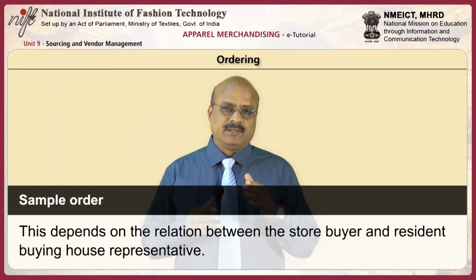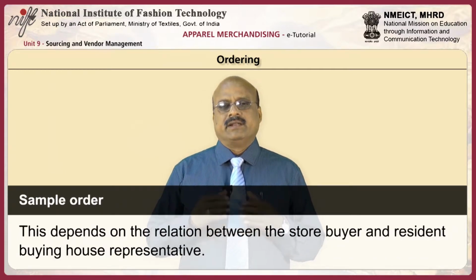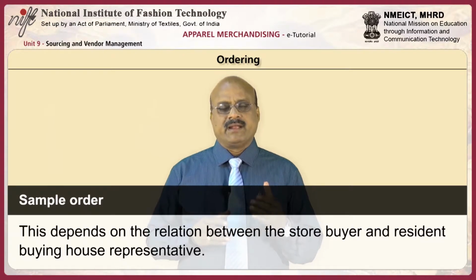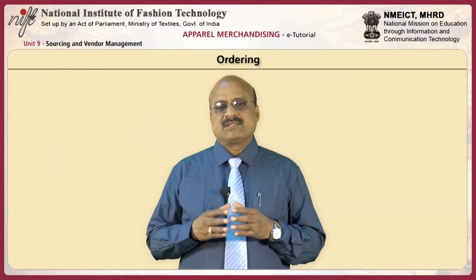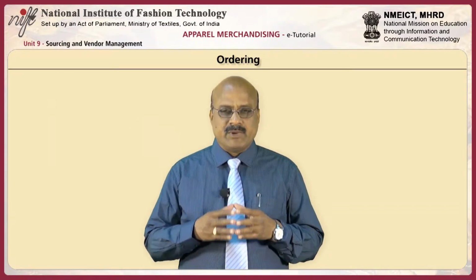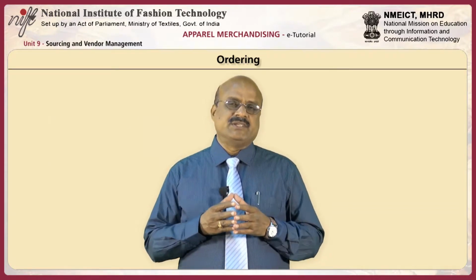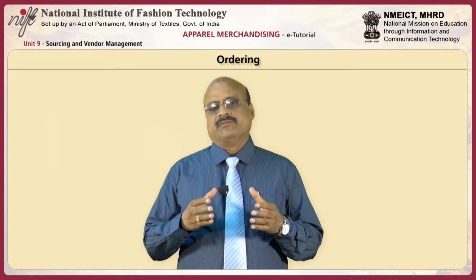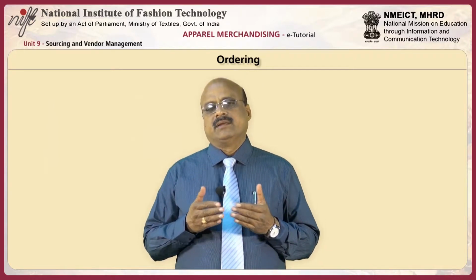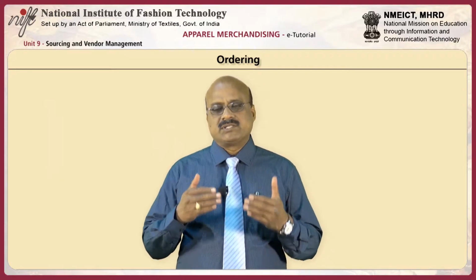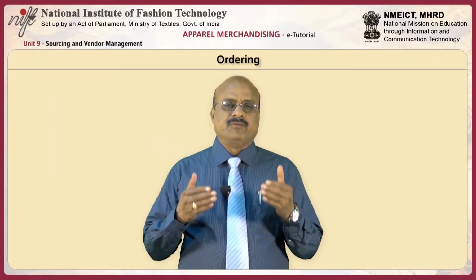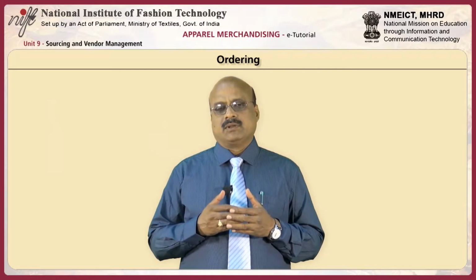Sample order: this depends on the relation between the store buyer and the resident buying house representative. If the store buyer has confidence in the resident buyer, limited discretion is given, so that if anything new is in the market that deserves representation, then an order of modest size can be placed without specific approval.